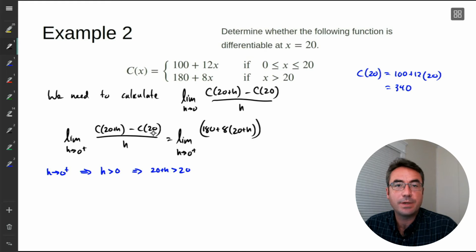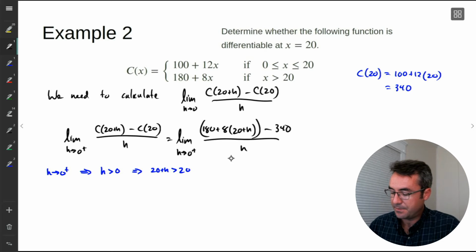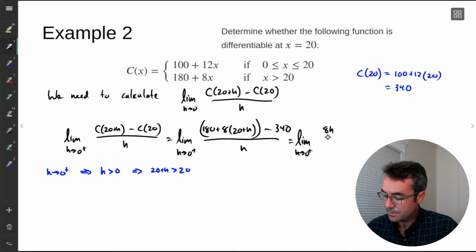And then let's use what we get when we plug 20 in, and we're going to subtract, and what we got there was 340. Okay, let's simplify this down a little bit. So we have 180 plus 160 minus 340. So that ends up being 0. And then we end up with 8 times h all over h.